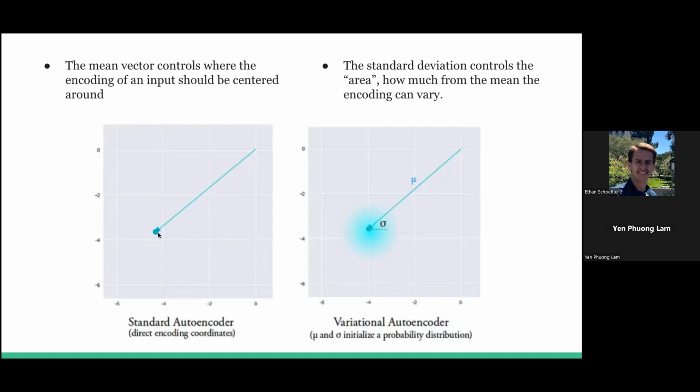So instead of pointing to a specific point for a specific input, it shows us the area, like the distribution, where the encoding of the input is located.